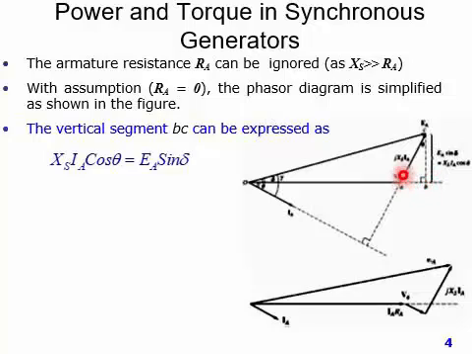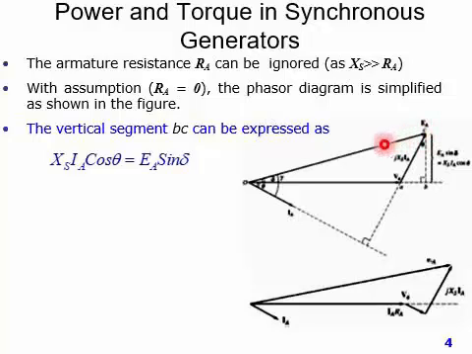If the angle over here is theta, and this diagonal is Xs Ia, then this side would be Xs Ia cos theta.